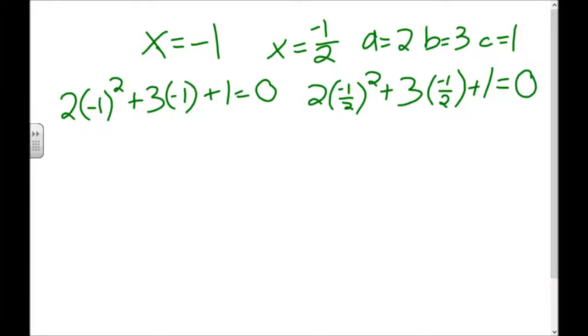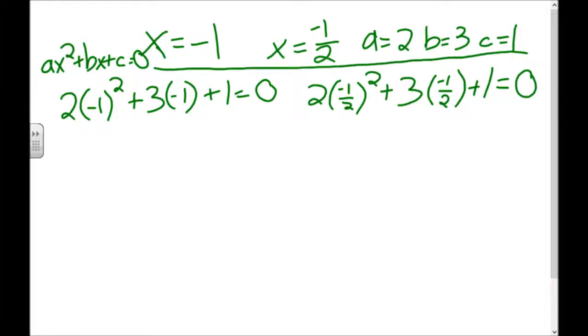What this is, Tori already explained. This is the ax squared plus bx plus c equals 0. And we just took the numbers that we already have up here and plugged them in for each x. So right here, we'll start with this one right here.